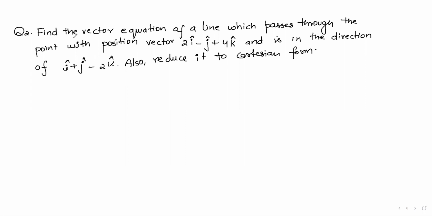Abdur, please read the question. Find the vector equation of a line which is passing through a point with position vector this. So what is A here? You can unmute yourself, Abdur. What is A here?